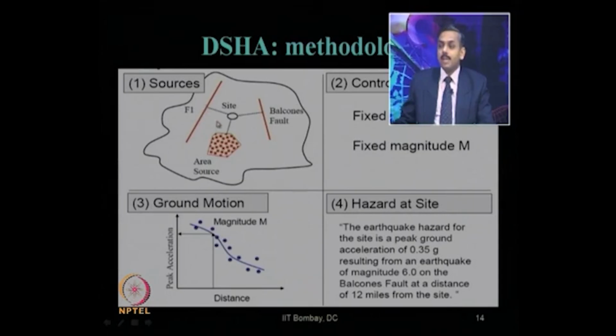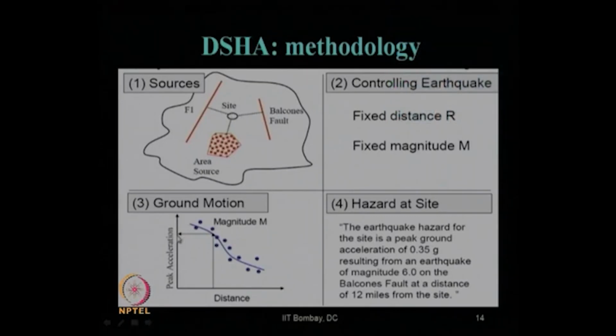From each source, you will have for that particular locality an attenuation relationship available for a hazard parameter, say peak acceleration like this. Then within that, depending on your site-source distance, maximum magnitude and minimum distance, you can identify that hazard value or design parameter for your site.